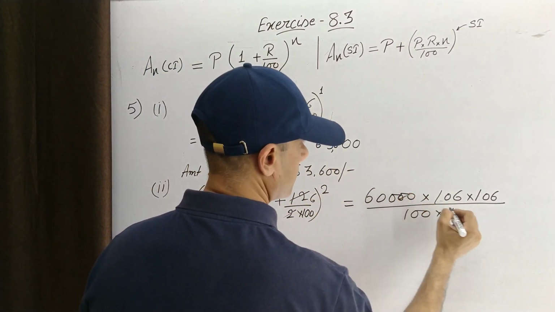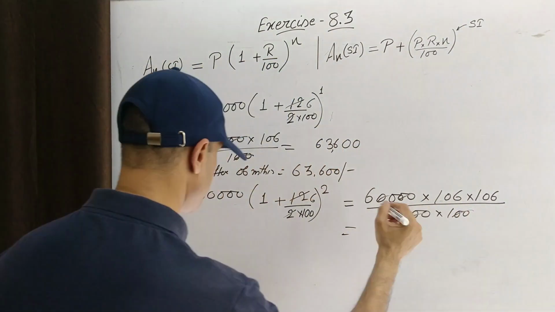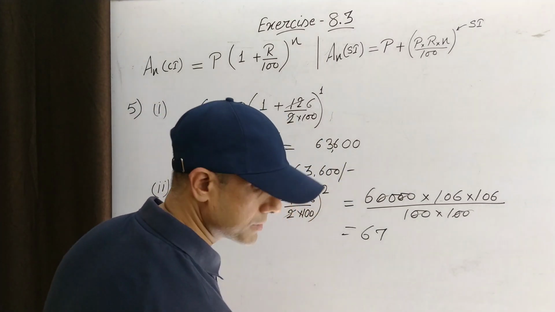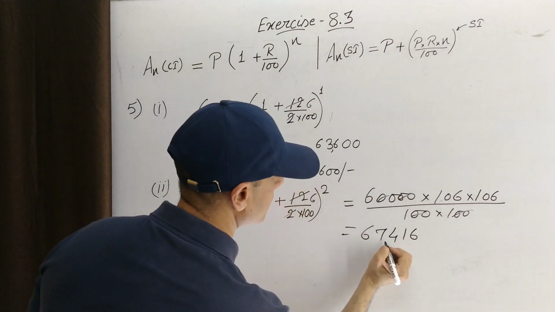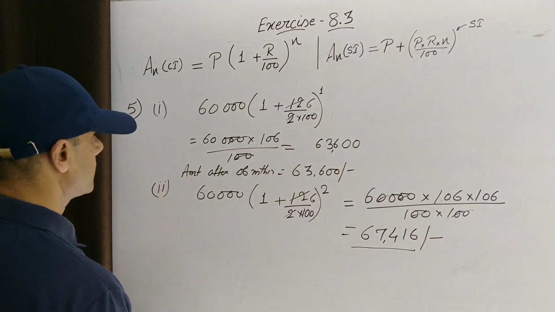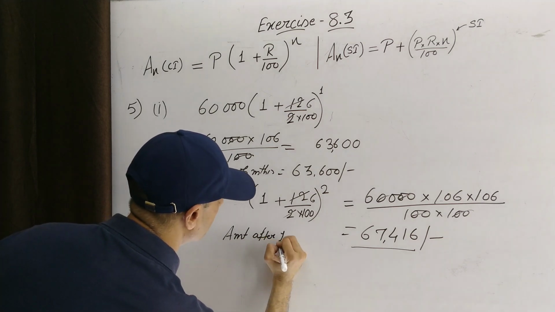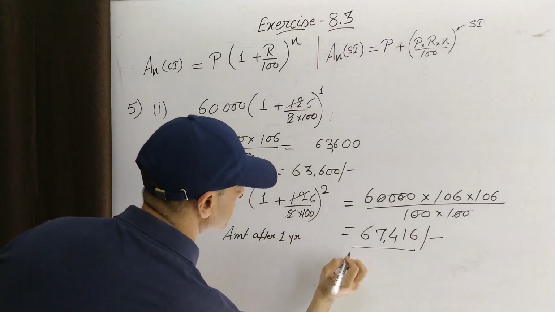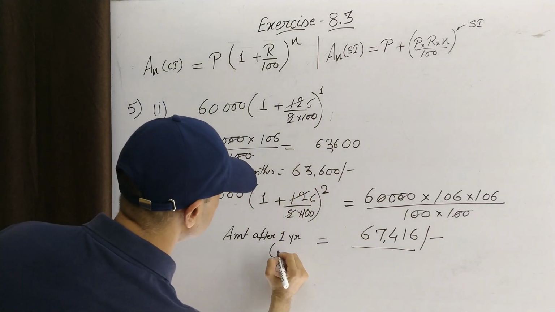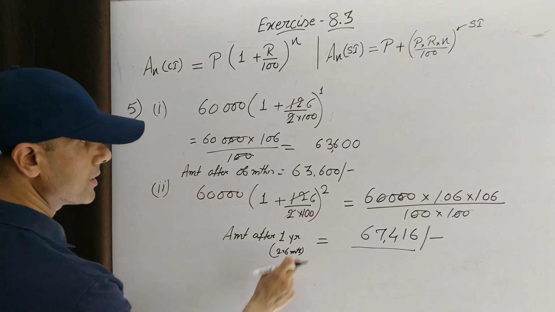So you get the value as 60 into 106 into 106, that's already calculated, equal to 67,416 rupees. So this is the amount after 1 year. Clear?